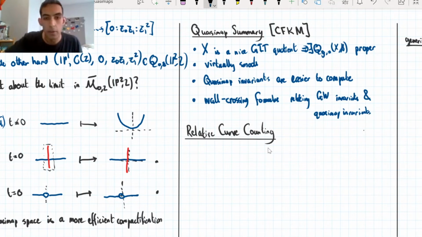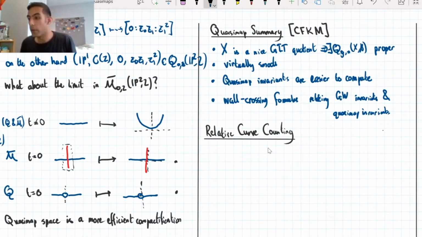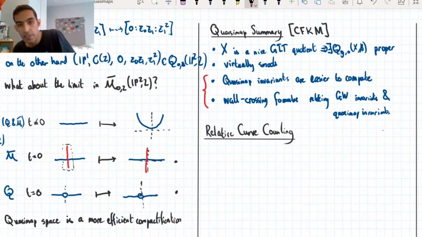So if your life revolves around computing Gromov-Witten invariants, this is good news, because this gives you a two-step procedure for computing Gromov-Witten invariants. What you do is you compute the Quasimap invariants and then use some wall crossing formula to get from one to the other.